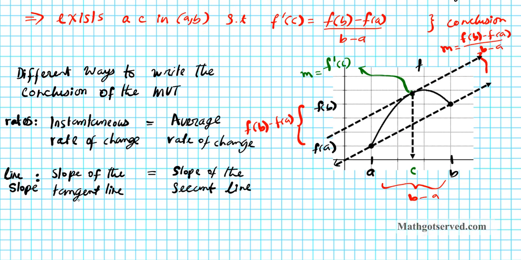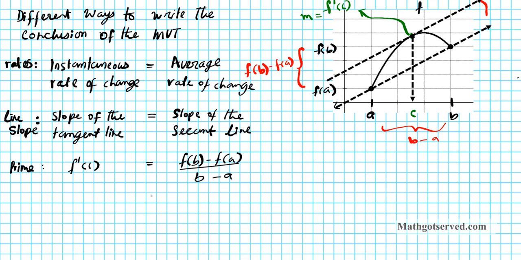And then, we can use the prime notation, which is the one we have up there: f prime of C is equal to f of B minus f of A over B minus A. That's another way you can write it. And then you can use the delta notation, or the change notation.